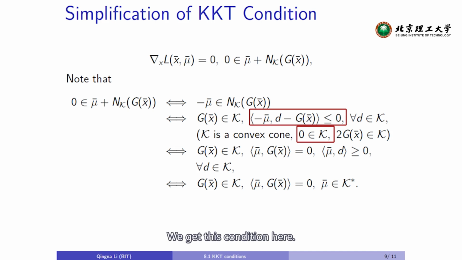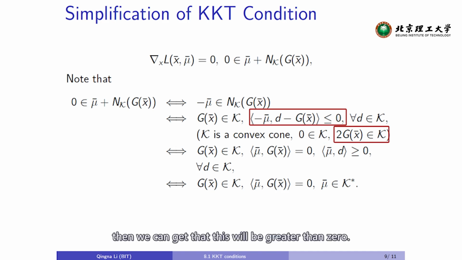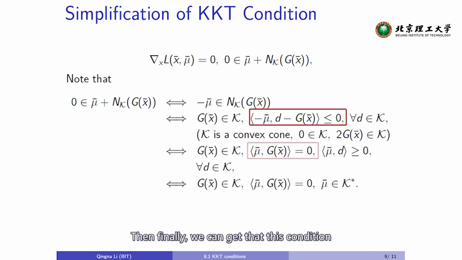condition here. And also, if we take d to be 2g(x bar), then we can get that this will be greater than 0, okay? Finally, we can get that the inner product of mu bar and g(x bar) is 0.